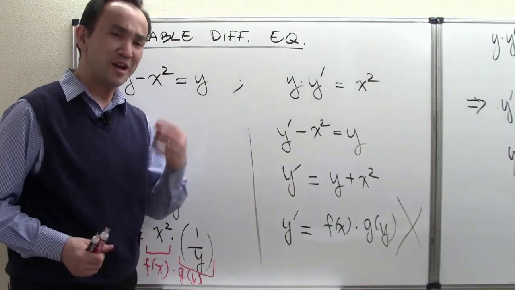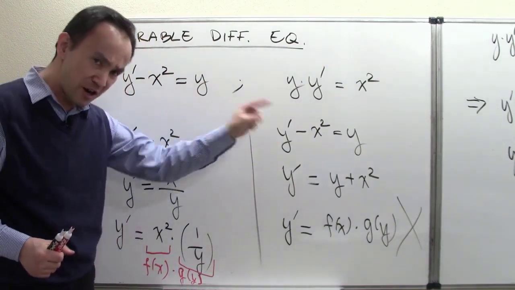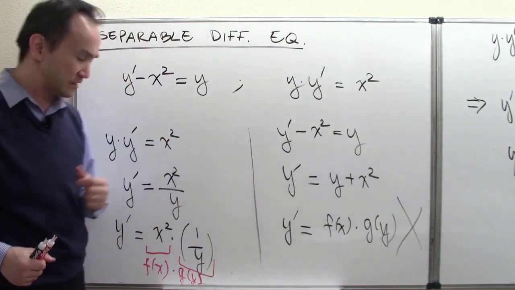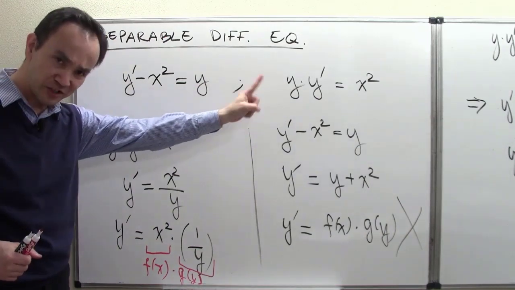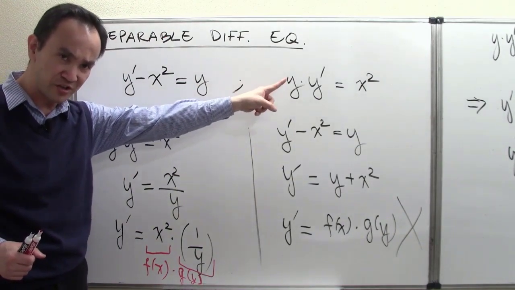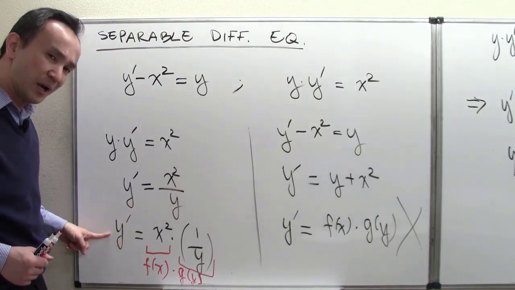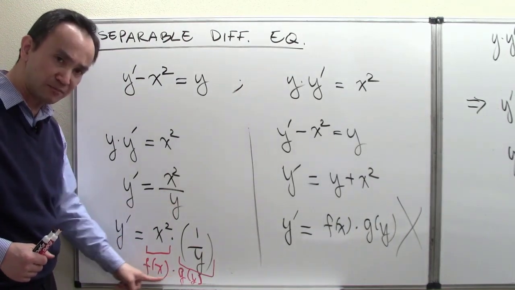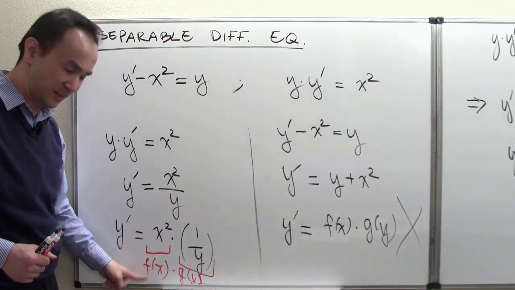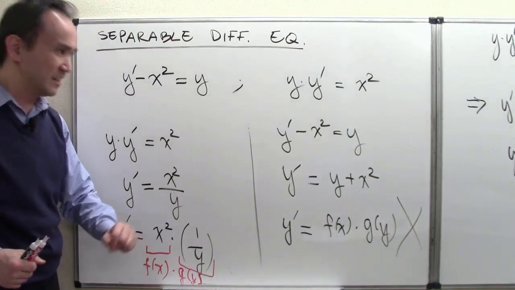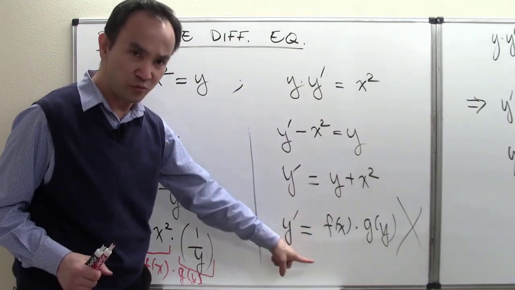Okay, and so the demonstration I brought up here pointed out that some differential equations out there, we are able to bring into the form of y prime equals a product of some function f of x and some function g of y. Whereas some other equations we can't do that.